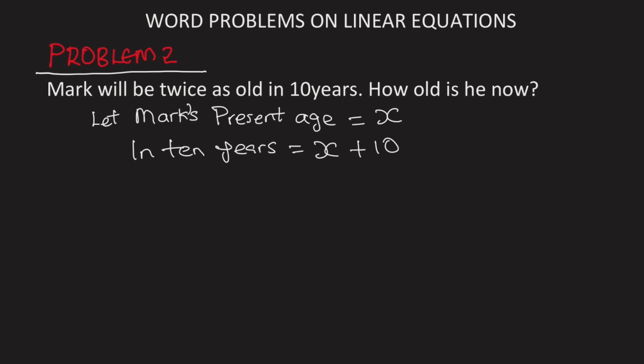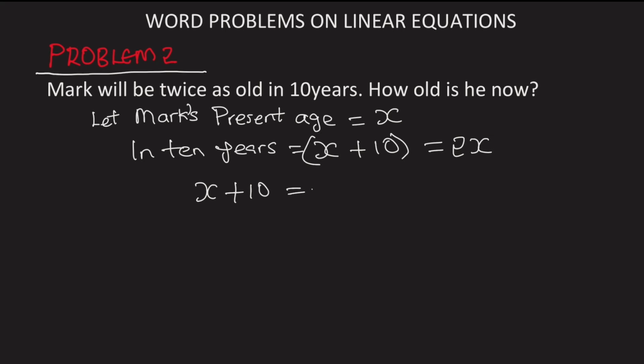But the information also gave us that this will be equal to twice his age, so it's also equal to 2 times x. So our linear equation here is x plus 10 is equal to 2x.